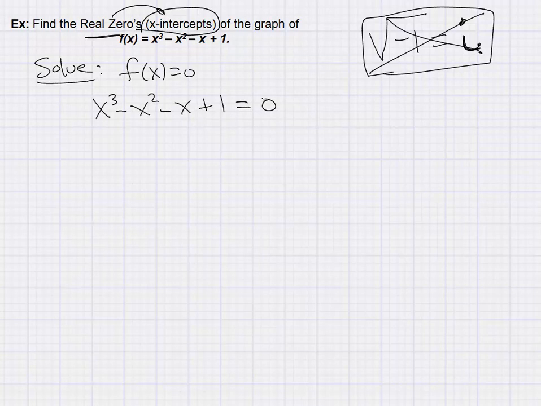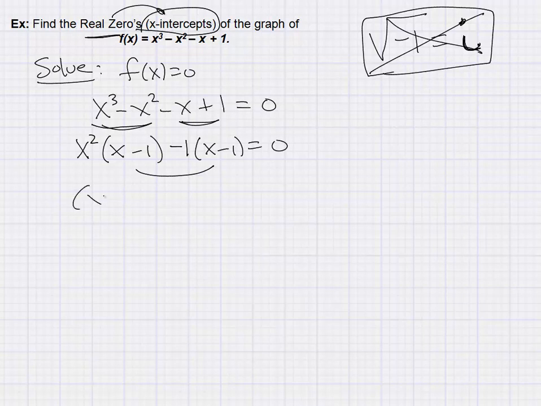There are lots of ways you've learned to factor in algebra. The main way that I'm going to factor this is by grouping. So I'll group these two together and these two together. I'll pull out an x squared, and I'm left with x minus 1. If I pull a negative 1 out of these two, I'm left with an x minus 1. The key to factoring by grouping is that you get a second factor in common.